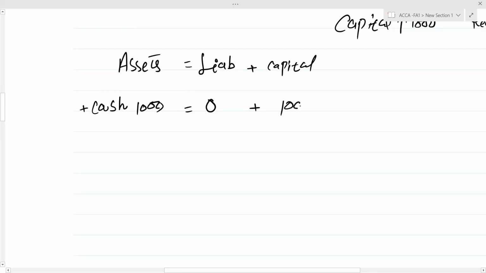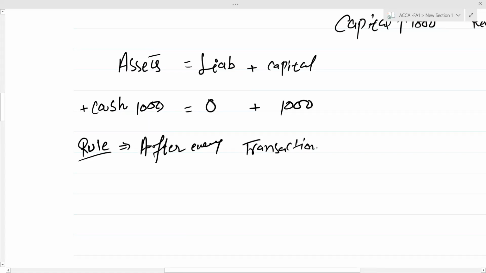Remember the important rule: after every transaction, the accounting equation must hold equal.